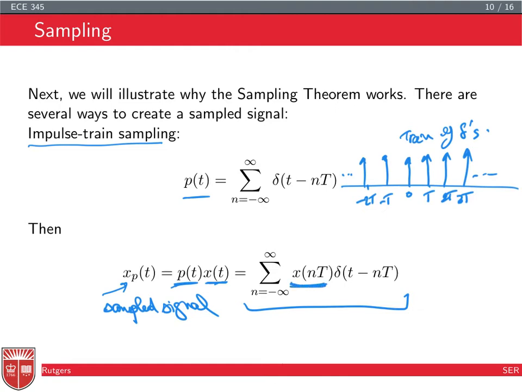So it's going to be the discrete signal at time equal to multiples of t, at nt. So let's take an example. Let's suppose your signal is this one, and then when you multiply it by the impulse train here, you're going to get this signal here.